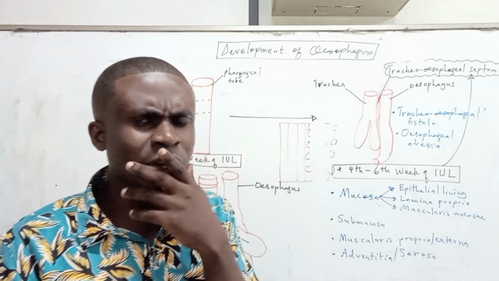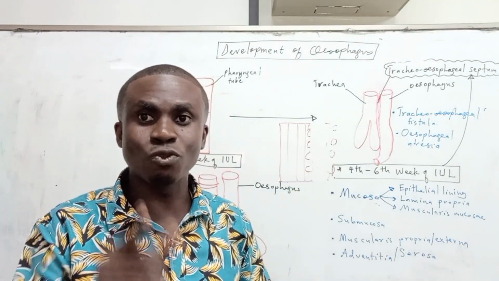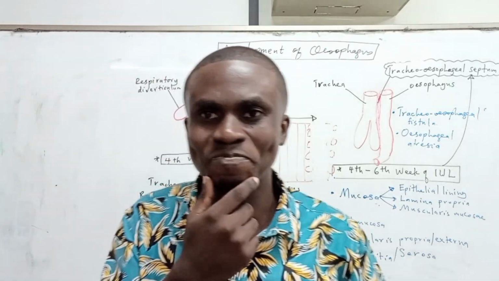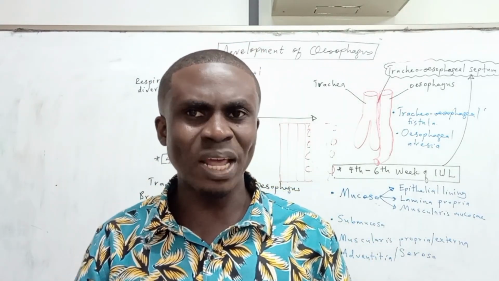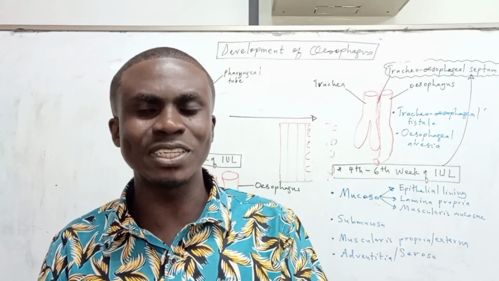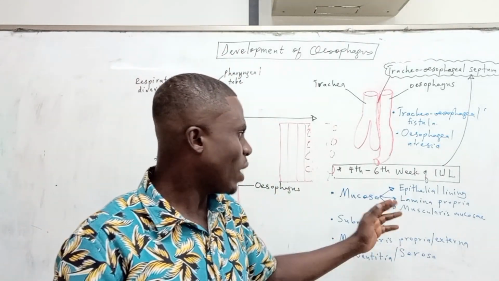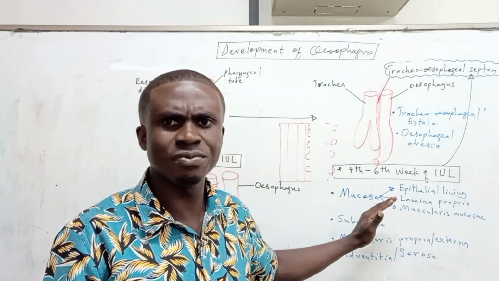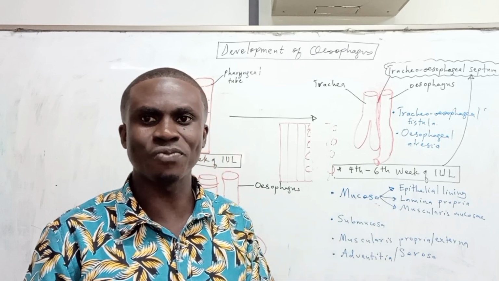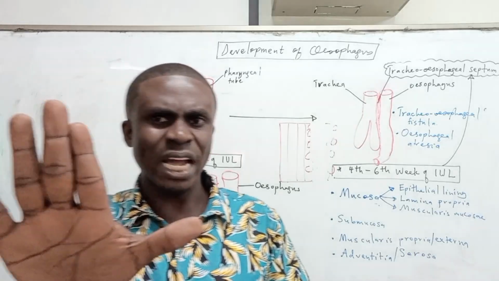So right now, it will come into your mind that the epithelial lining is missing. And that is when a new epithelial lining will begin to form. So what is the normal adult epithelial lining? My friends, the answer is stratified squamous non-keratinized epithelium. So around the 16th week of intrauterine life, after recanalization, the epithelial lining is going to be stratified squamous non-keratinized epithelium.